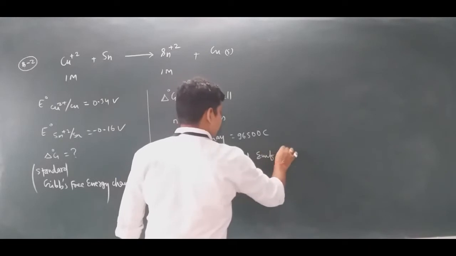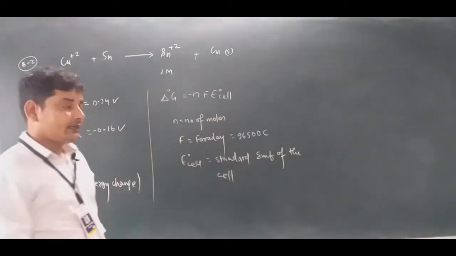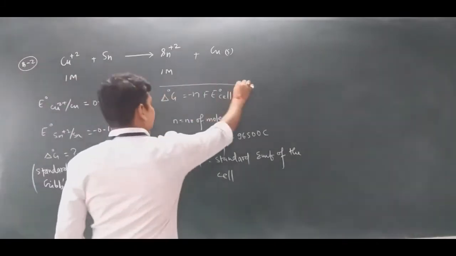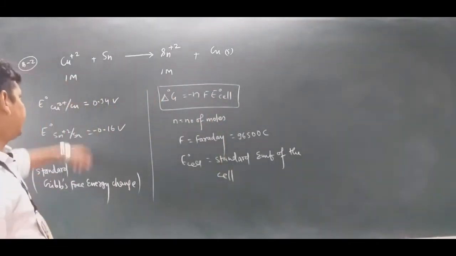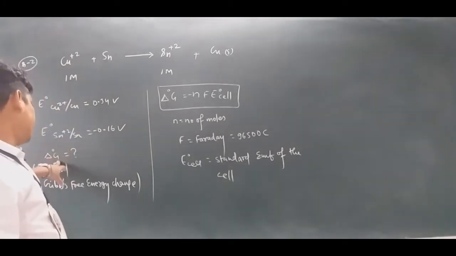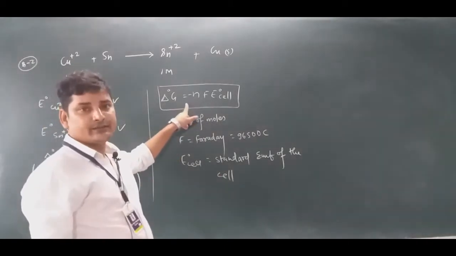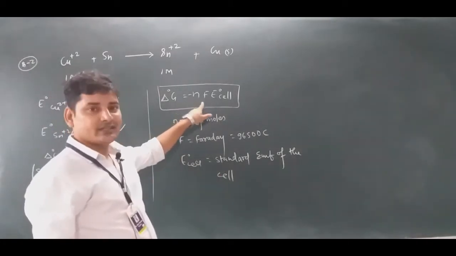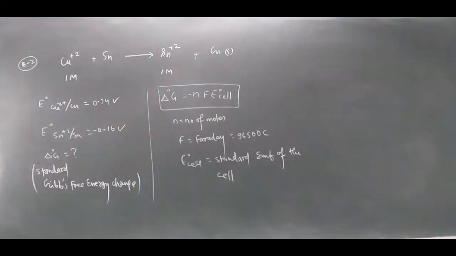This is a question of basically electrochemistry, and they are asking that if these data are given, determine the standard Gibbs free energy change. So it will be decided on this equation, minus nF E cell.